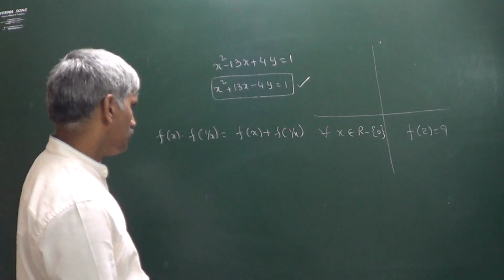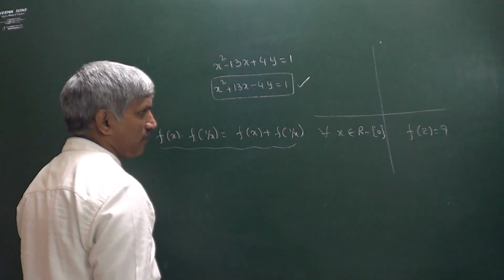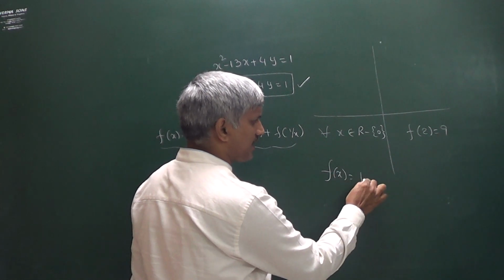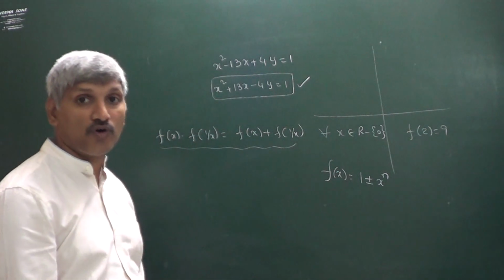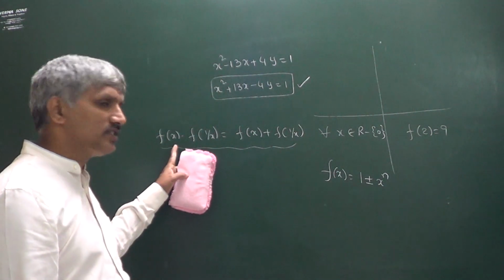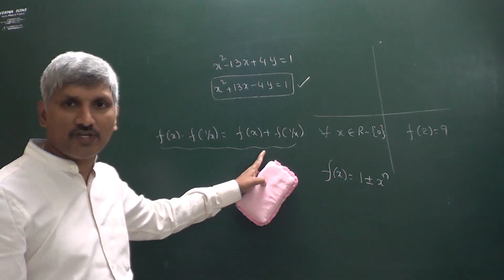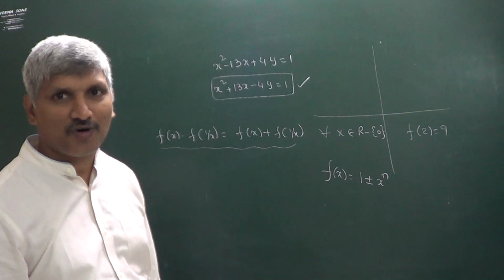Okay. Whenever a function satisfies this type of functional condition, then we can take that function as f of x is equals to 1 plus or minus x to the power of n. If f of x is a polynomial function satisfying this type of functional equation, then f of x must be either 1 plus or minus x to the power of n.